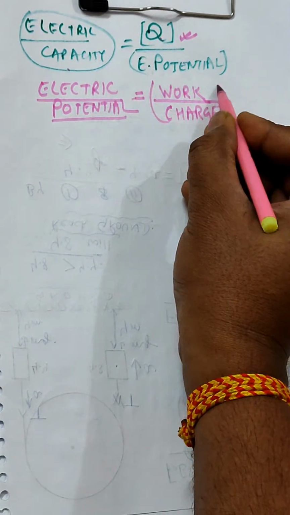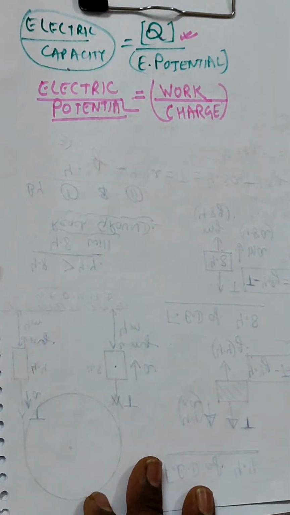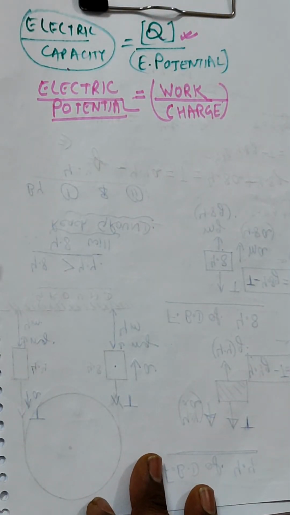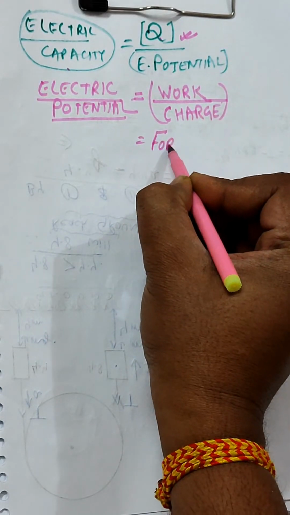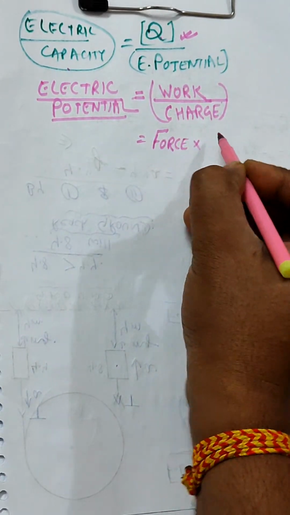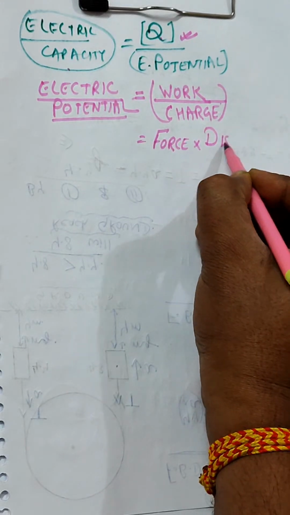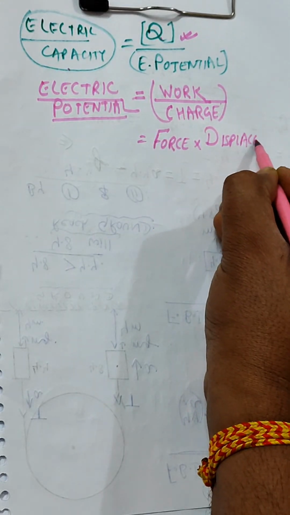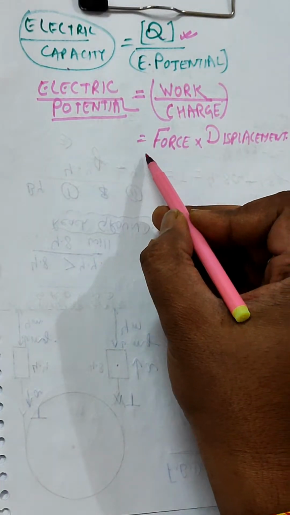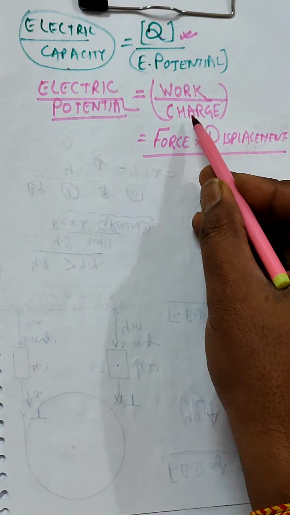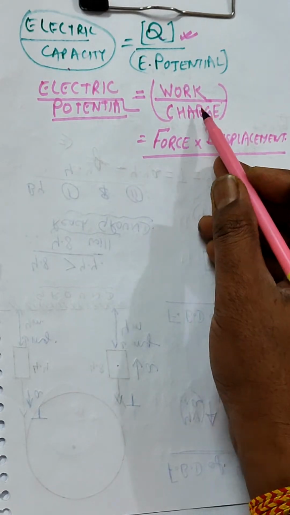And for work, we can write force into displacement, and for charge, it's already Q.